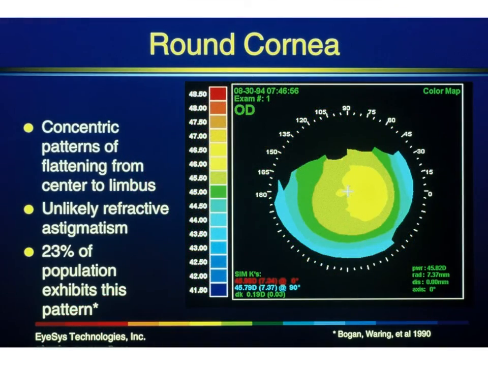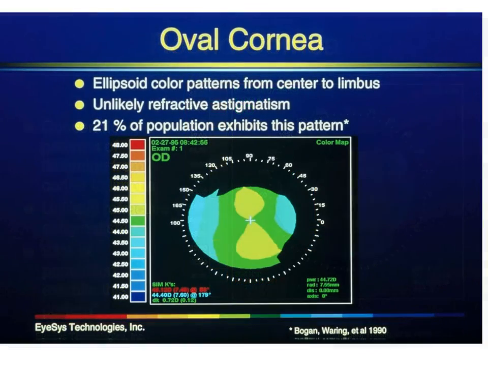what I mean. So this is a round cornea. This is a fairly spherical cornea. This is also a fairly spherical cornea. We can discuss one-on-one how to interpret topography, but there are very few colors in this map. So most of the cornea has one or two of the same colors.